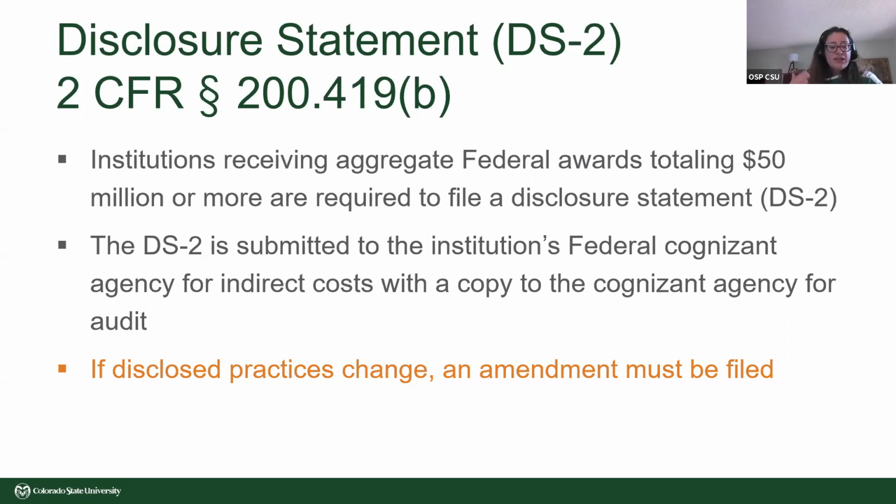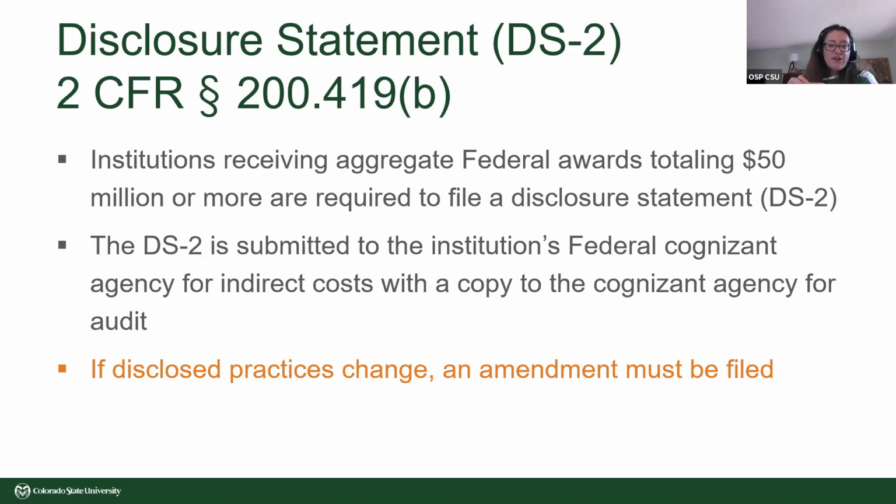If they were getting credits from their vendors, reductions in credits and things like that, they were returning that money to the federal government, which is fine and dandy. The problem is they weren't returning it in a way that was consistent with their disclosure statement. Because of that inconsistency, they got cited. So we need to make sure that our accounting practices are in line with these standards in our DS2, or we can get in trouble.